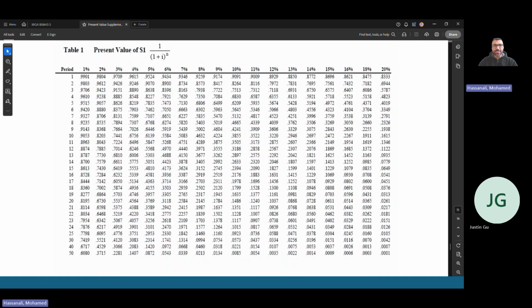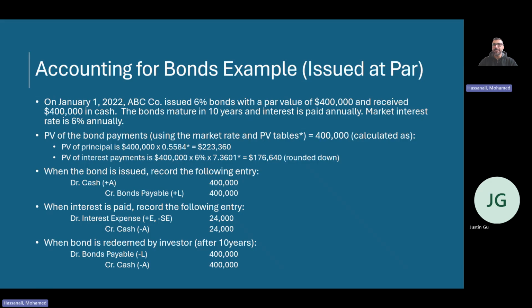If we come back to our slides, we're saying present value of the principal, 400,000 times 0.5584, which we got from our present value table, is 223,360. This is saying that the $400,000 that we pay 10 years from now is worth 223,000 today. Okay, because that's what 400,000 in the future will be.